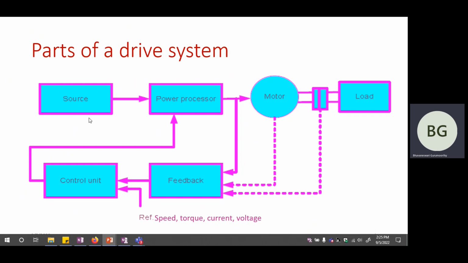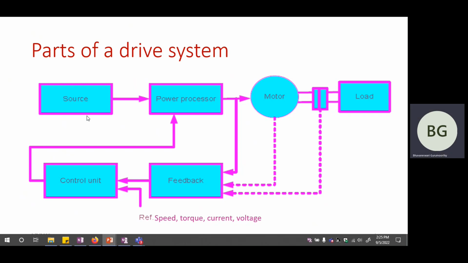So this is either a DC or AC source. AC source could be a single phase or three-phase AC, which is available from the grid. So these values are set in stone.